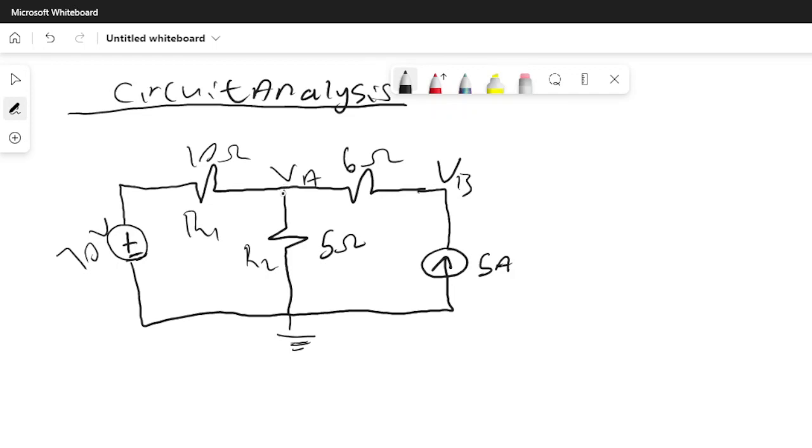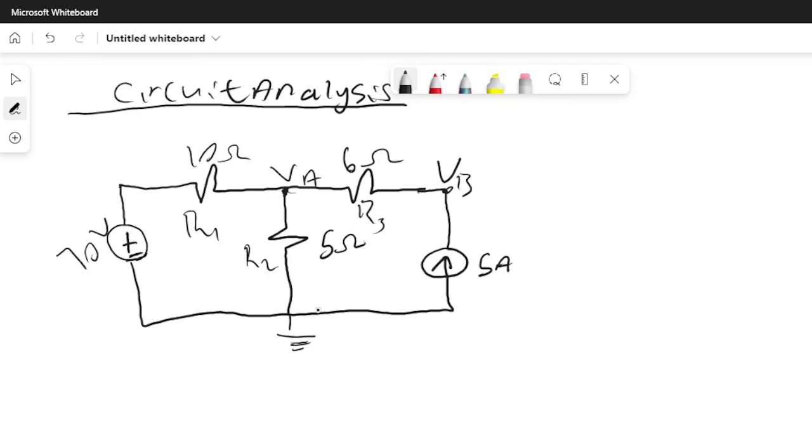For example, this point at VA is called a node because it's a pathway where the current passes in between, for example, this resistor R3, resistor R1 and R2. So VB is also a node. This one is also a node. This one is called our reference node, which is the ground. It is V0, 0 volts.